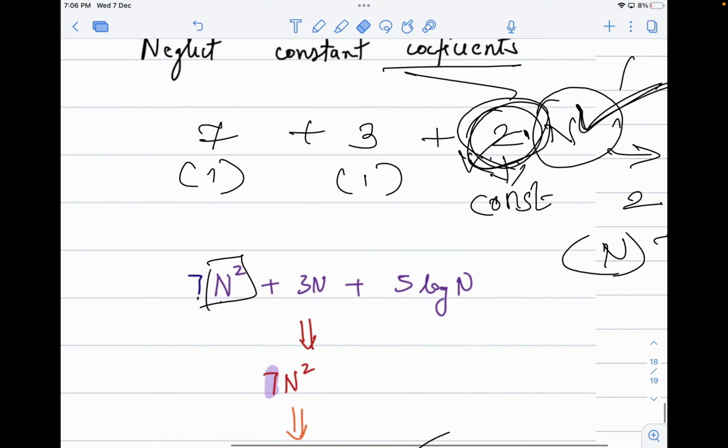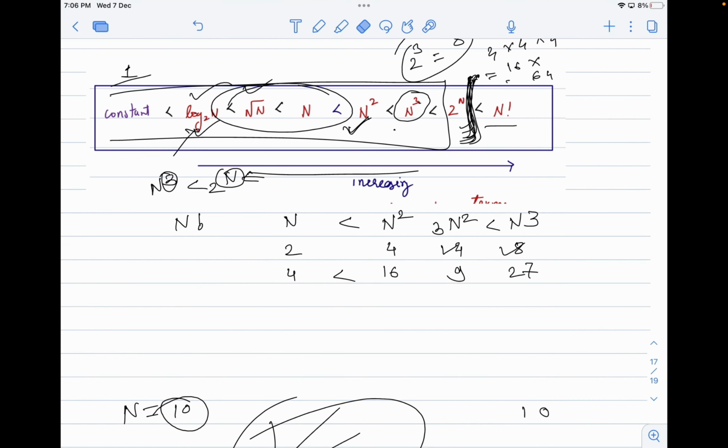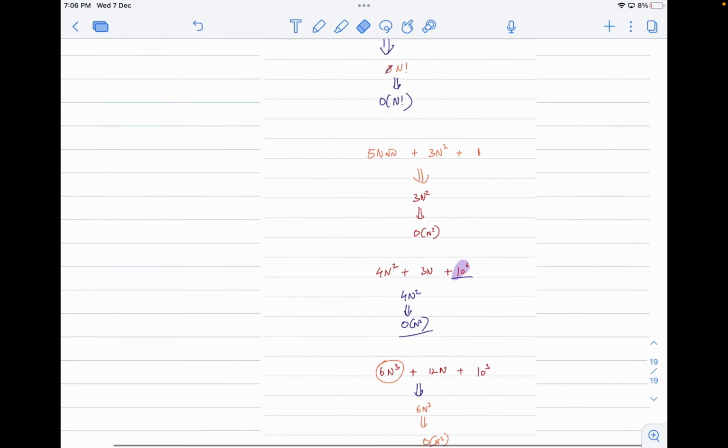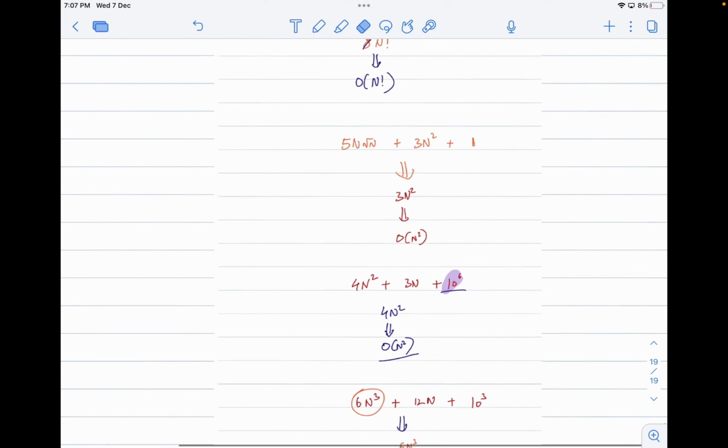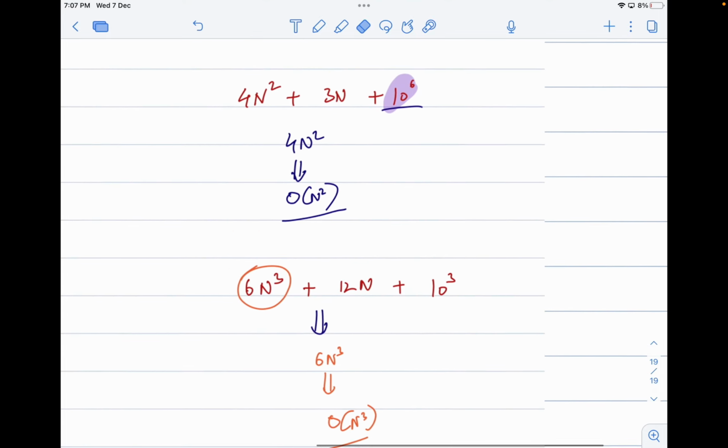This, as we have seen here. Same thing here: 5n square root of n plus 3 n square. So square root n is less than n square, 3 is the coefficient, so 3 is gone, and n square is the time complexity.